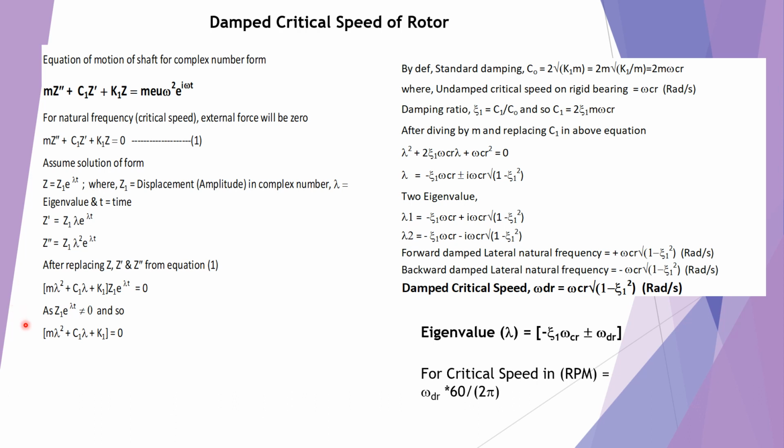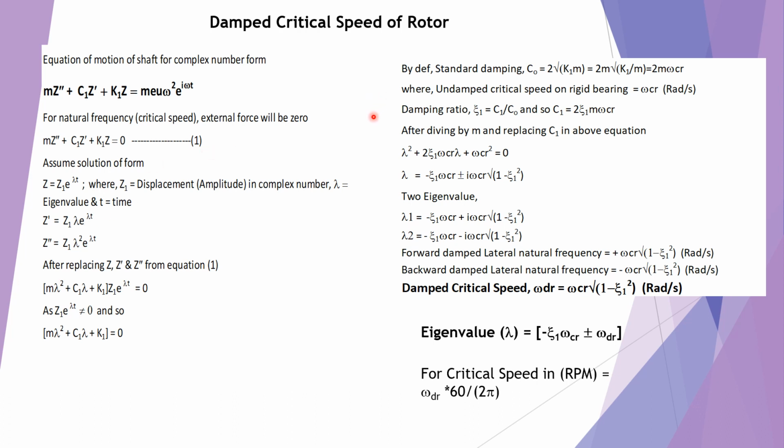But z1 e to the power lambda t cannot be 0, and so m lambda square plus c1 lambda plus k1 is equal to 0. By definition, the standard damping C0 is equal to 2 square root of k1 m, which is equal to 2 m square root of k1 upon m, which is equal to 2 m omega cr, where the undamped critical speed on rigid bearing is omega cr radian per second.